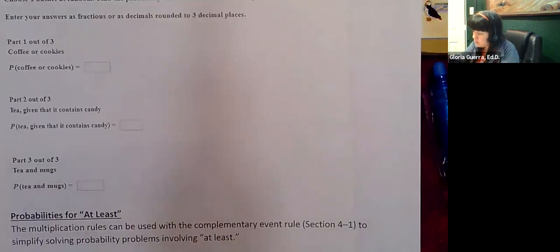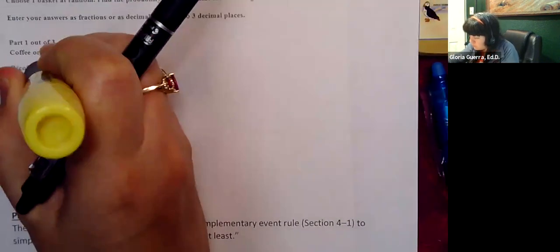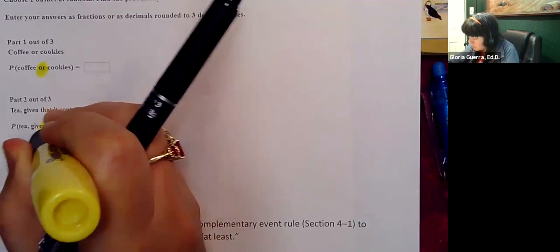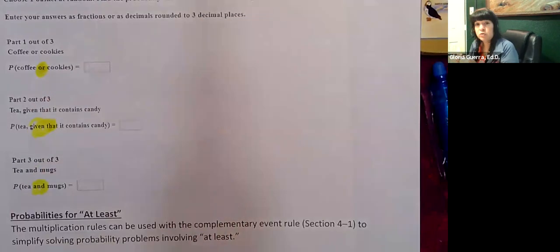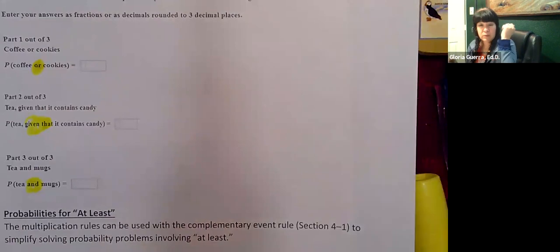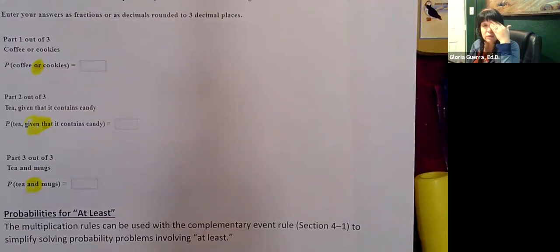So this is more like a review. And really what you should do is kind of like what I did in my remote class. I should, right now, pause the video, and then you should try to do these three on your own, because really this is like a review.